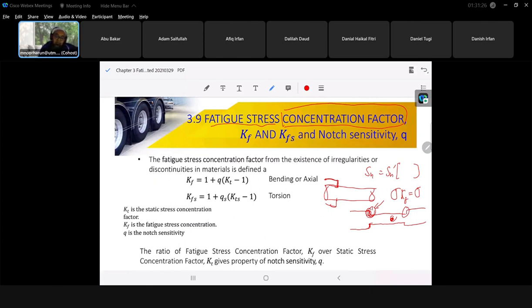So the fatigue stress concentration factor from the existence of irregularity or discontinuity in material is defined. So the formula is given. For bending and axial, actually the same. This KF, this stress concentration factor for fatigue stress, this is the formula.